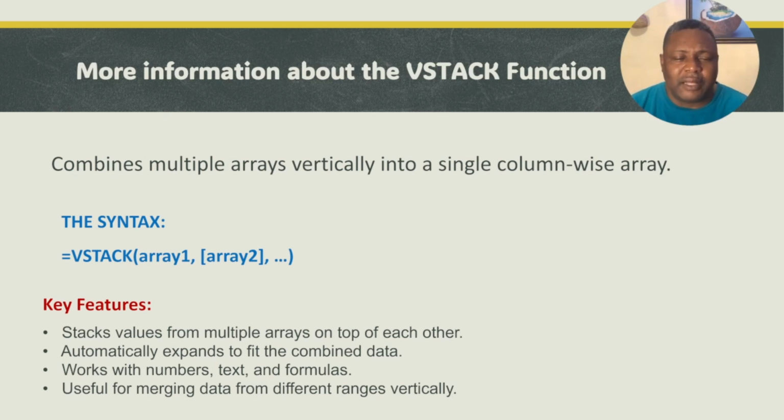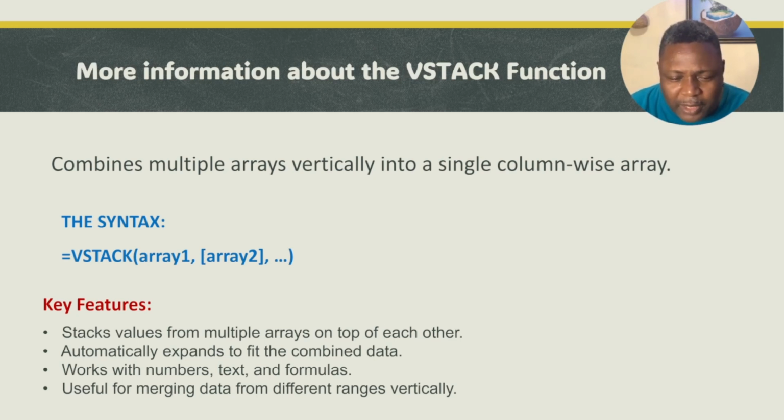So the VSTACK syntax is similar to the HSTACK, because it's just VSTACK and then array 1, array 2, and so on. The key feature here is that it stacks values from multiple arrays on top of each other. So one at the top, then the next one, and then the next one. But if it is HSTACK, it's side by side. It automatically expands to fit the combined data.